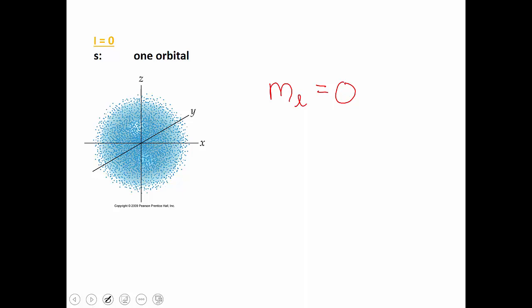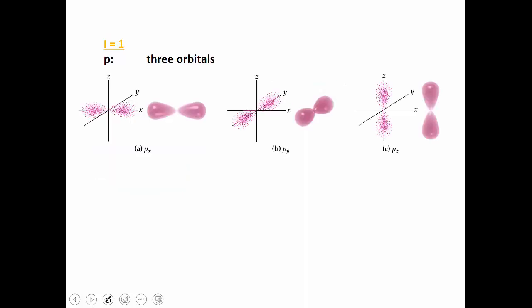Our next type of subshell, the P subshell, has an L value of 1, and there are 3 orbitals. Each orbital has a different value of M sub L. Now, we don't need to know specifically what the value for each particular one is, but there are values of -1, 0, and 1.